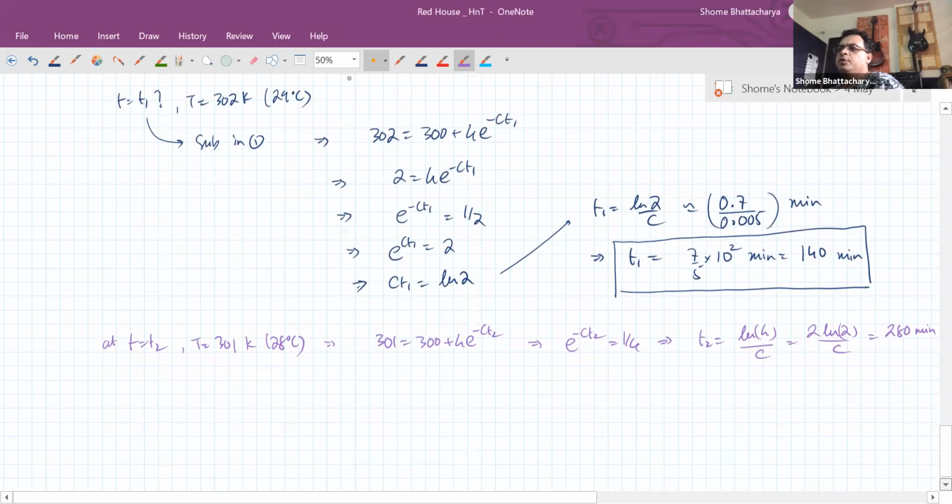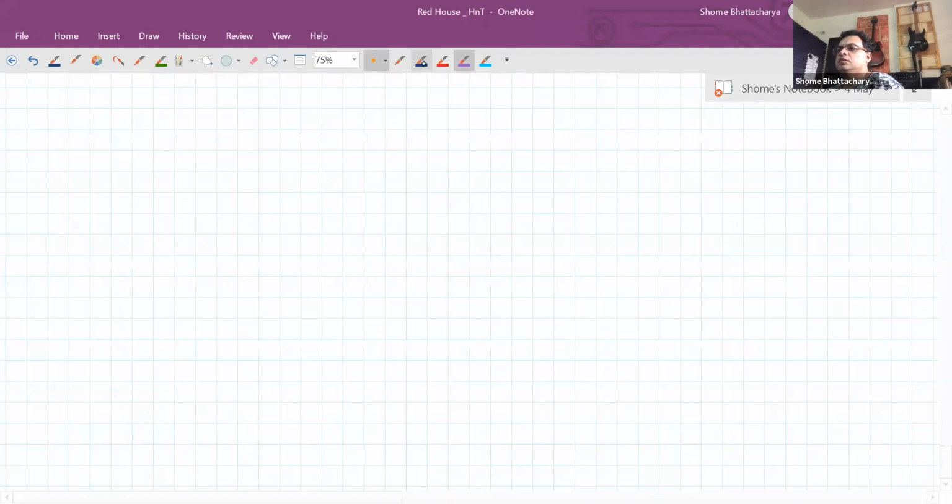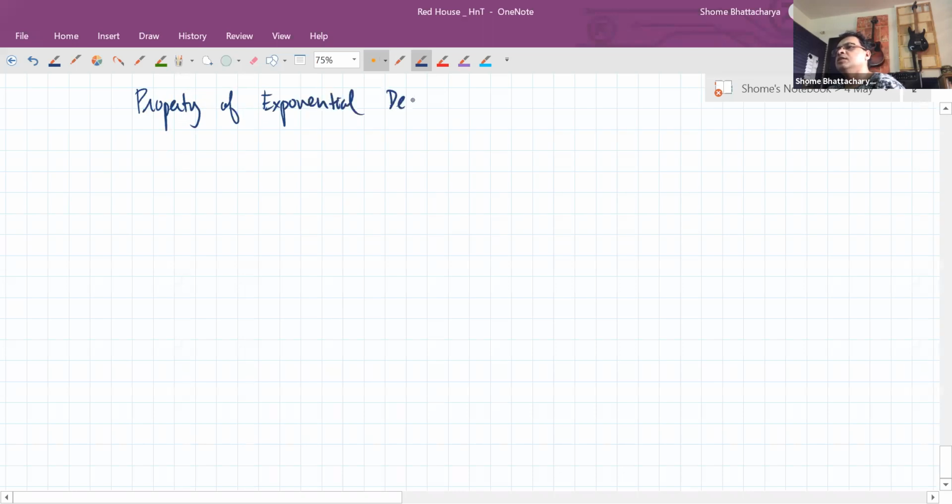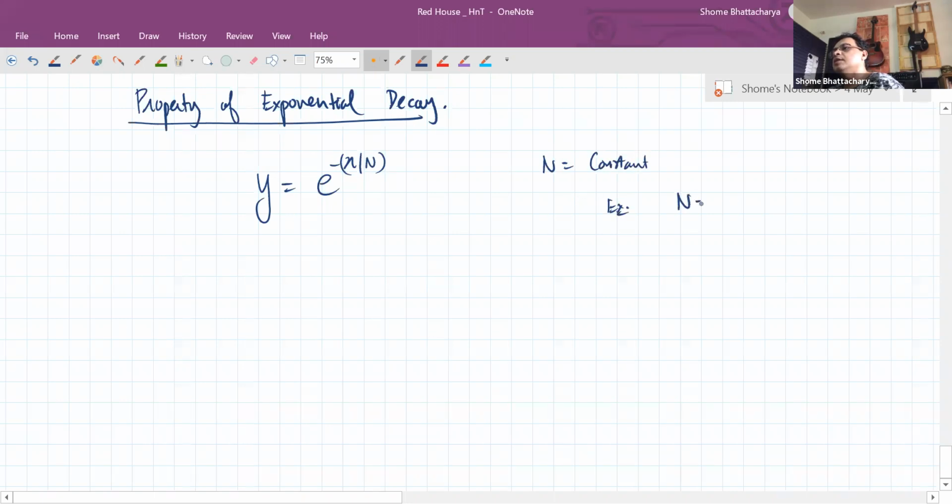Okay, so let's come to that property of the exponential graph, which I tell you. Property of exponential decay. If we have a graph of y is equal to e raised power minus x divided by some value, let's say capital N, where N is just a constant, for example N might be 50 or something like this.